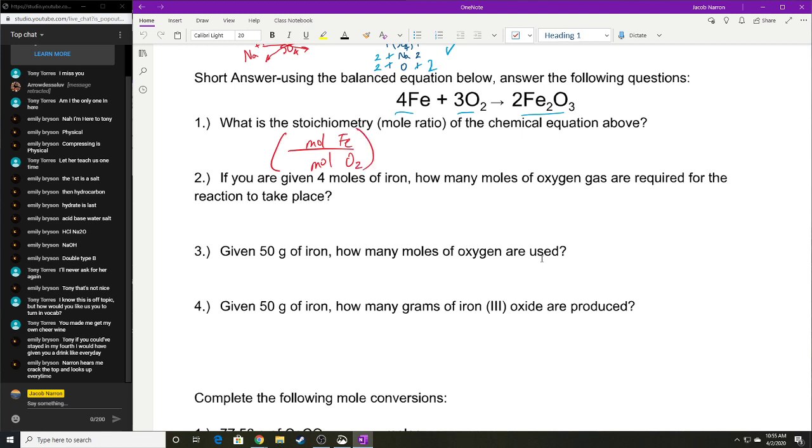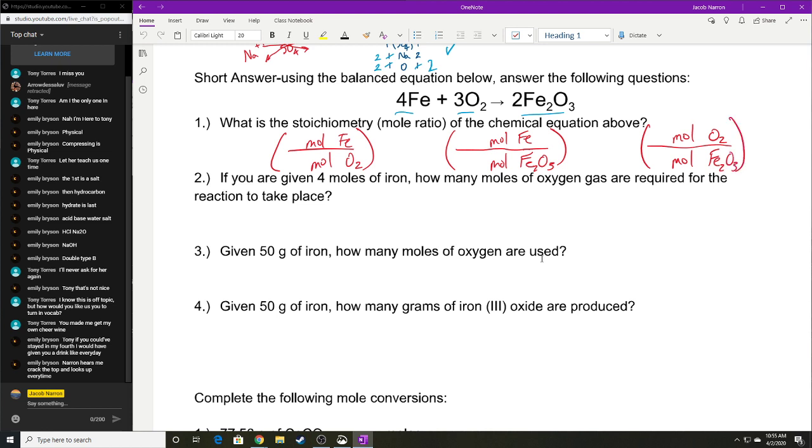We also want one that compares moles of Fe to moles of Fe2O3. And the final combination is moles of O2 compared to moles of Fe2O3.